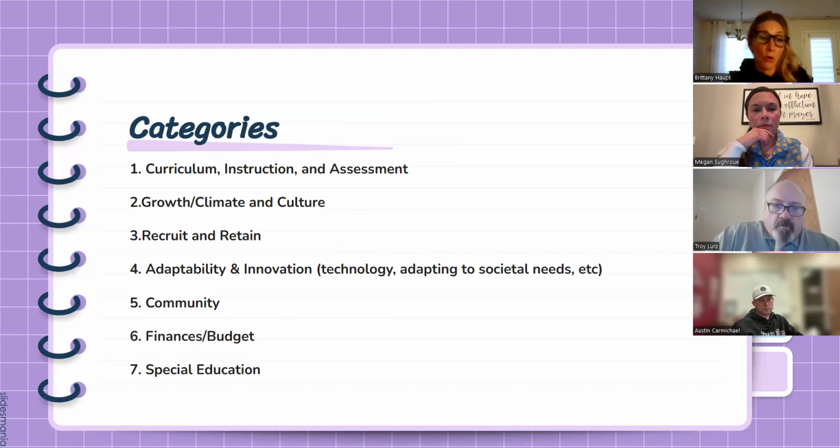The community as a whole, the school community, the community within that district, and then finances, budget, and special education were our categories. Anybody want to add or explain any of those further?